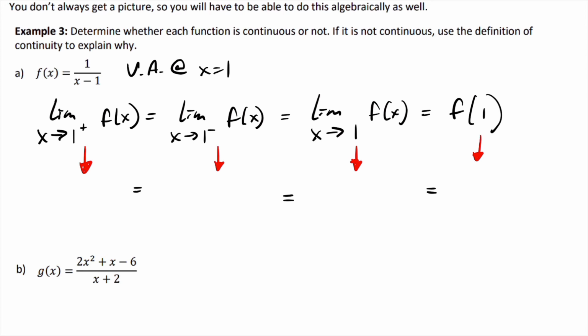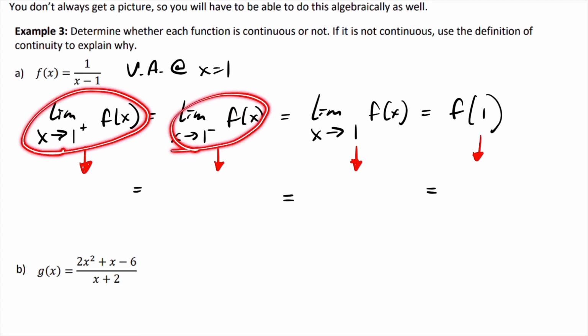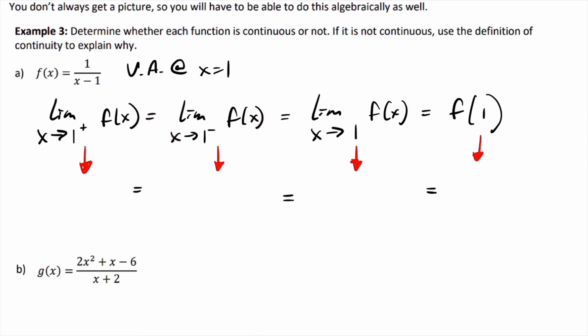Which of those 4 guys do we know? We could figure that out. The first 2 are going to take a little bit of work. How do we do this one?